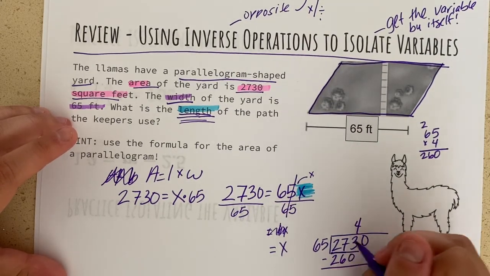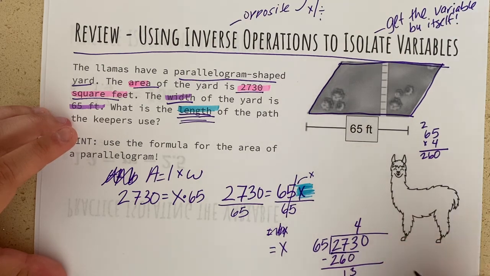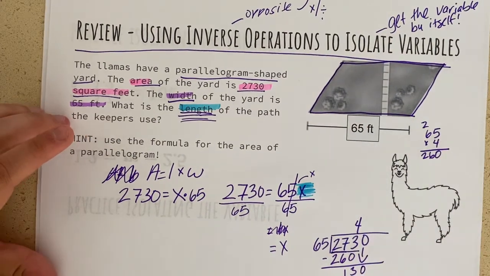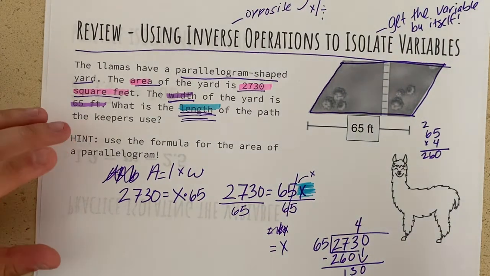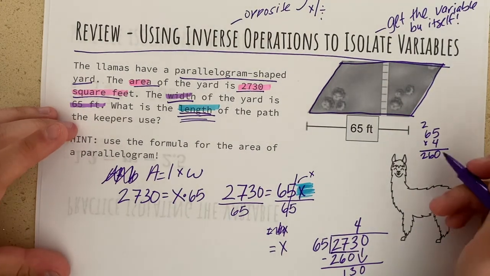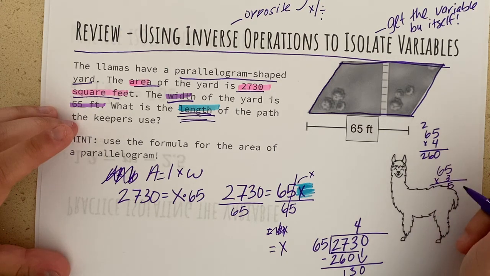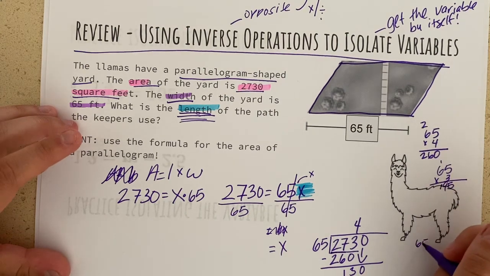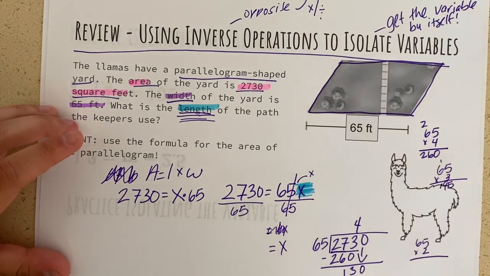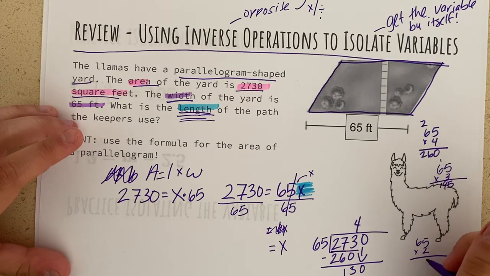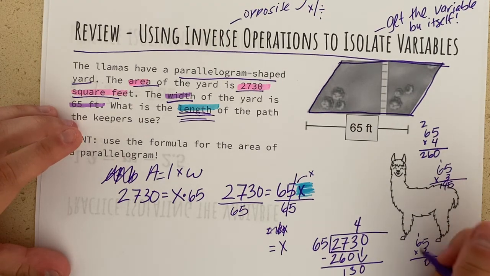Now I subtract: 3, 13. Bring down my 0. I know it has to be smaller than 4, so let me try 3. 5 times 3 is 15, 18, 19. Oh, no, too big. 65 times 2: 5 times 2 is 10, 6 times 2 is 12, 13.